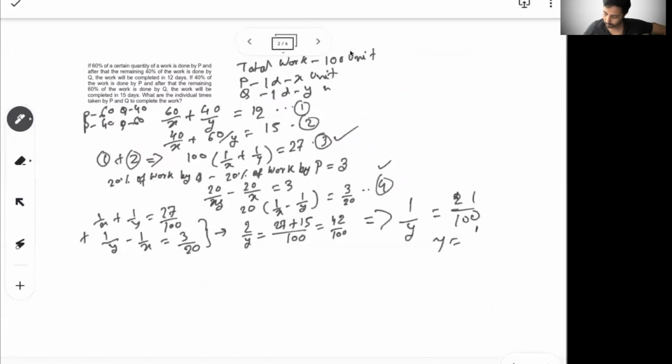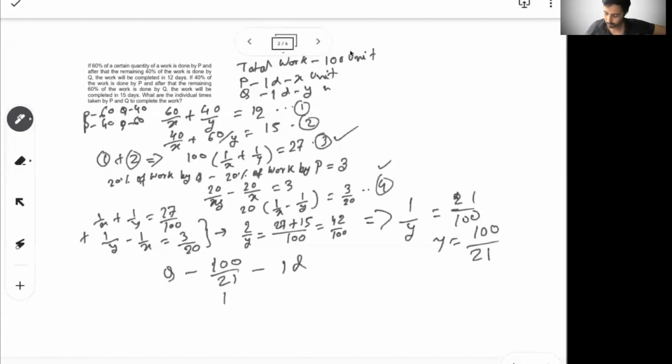Now we can say y equal to 100 by 21. So similarly you can find out x. I'll first show y. So Q, basically I'm saying, does 100 by 21 units in 1 day.